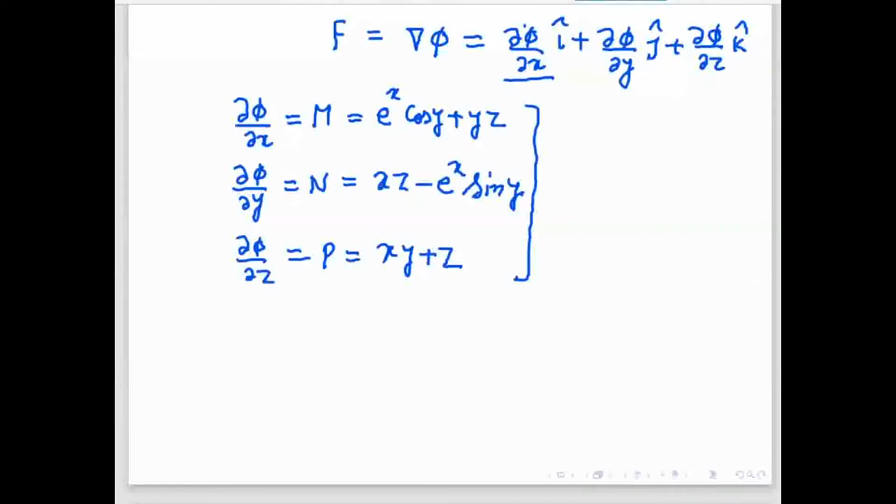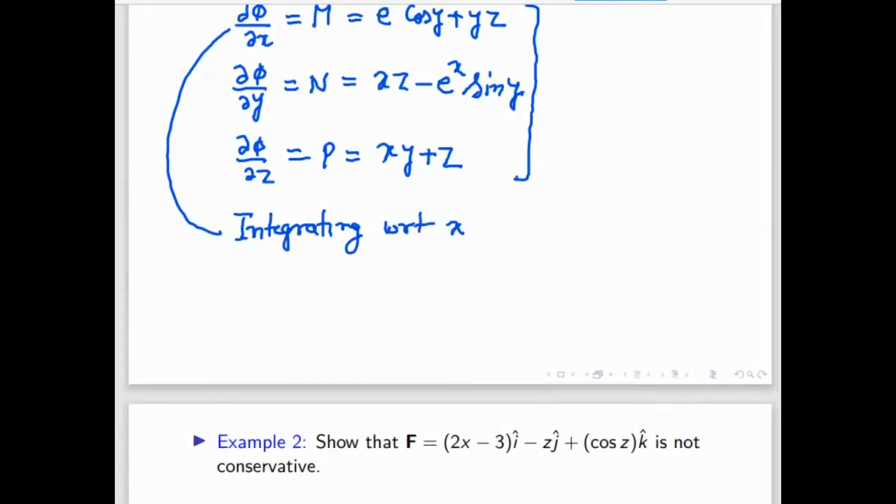So from first, if we integrate with respect to x, we will get the value of phi.